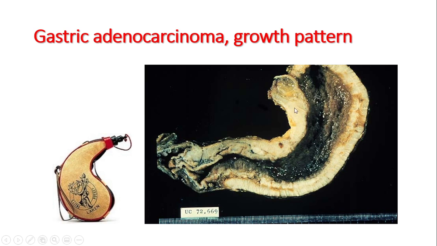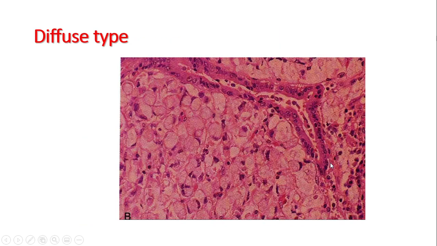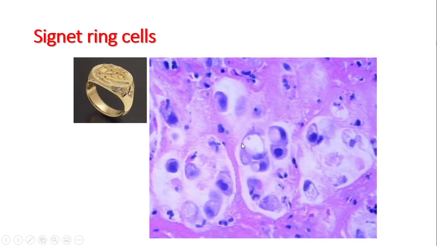The diffuse type, or the aggressive type, shows this pattern of growth, rather than the intestinal type. With the diffuse growth pattern, there will be loss of the E-cadherin molecule, so the cells will be discohesive.